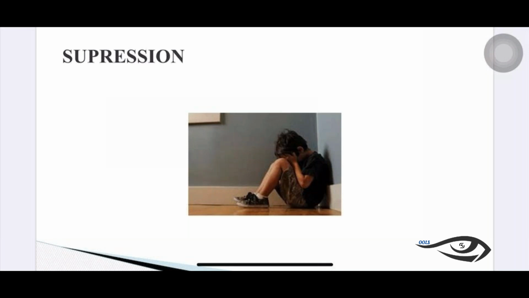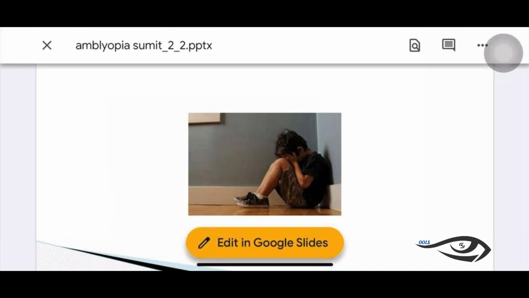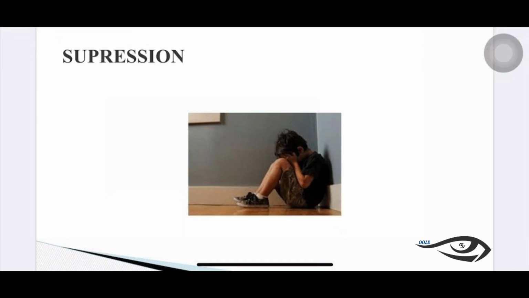Whenever there is a problem in the interaction, that can later give you some type of suppression. Slowly, when you start ignoring the +5 diopter eye, it can give you suppression, which will give you some type of amblyopia.